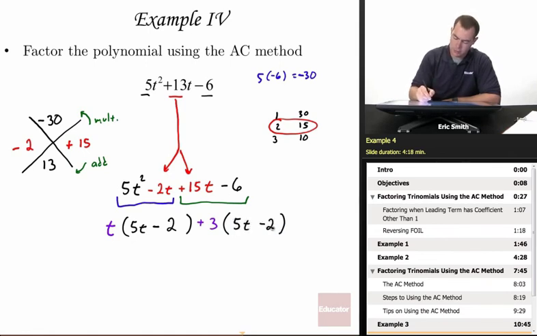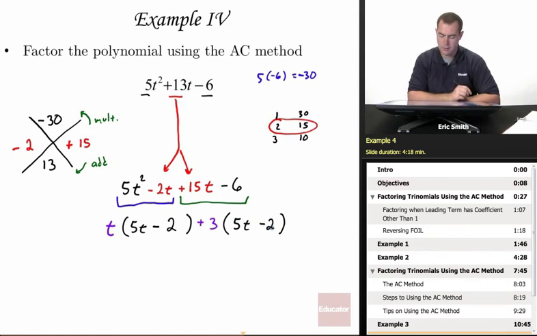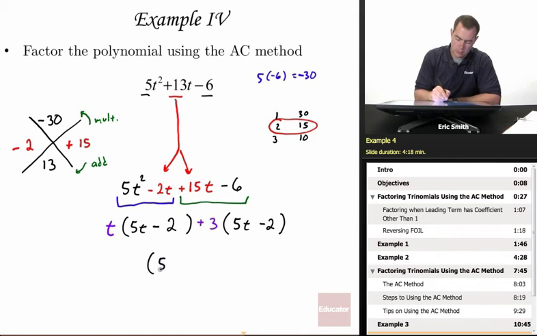That leaves 5t minus 2. All right. So now that we have the 5t minus 2 common piece, we'll go ahead and take it out of both of them and write out our leftover pieces, t plus 3.